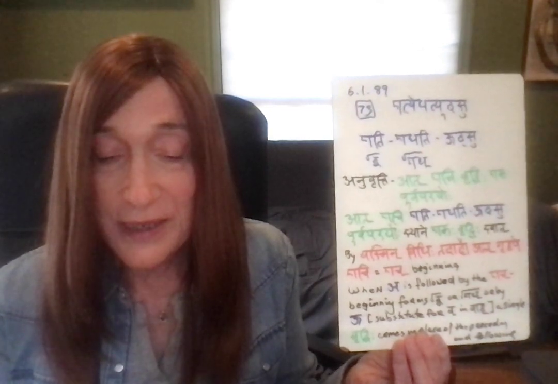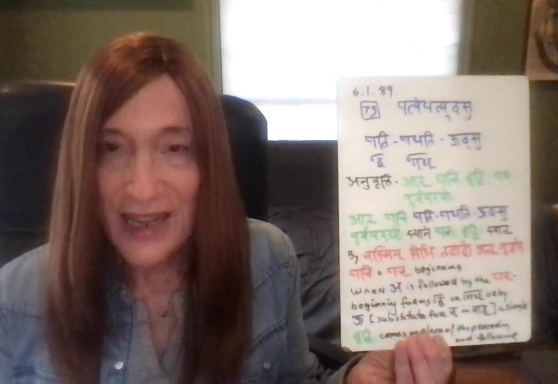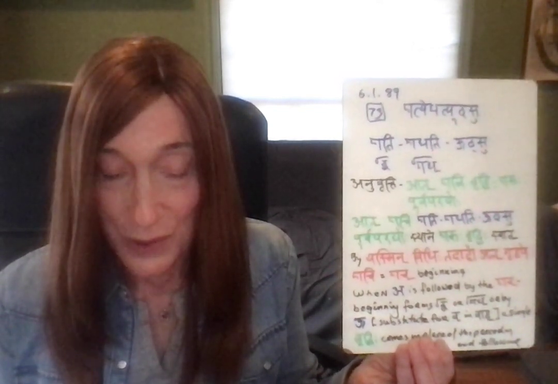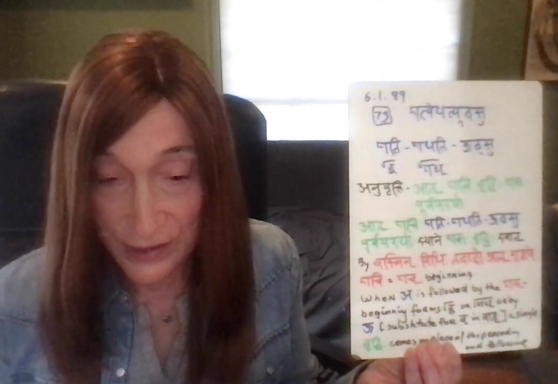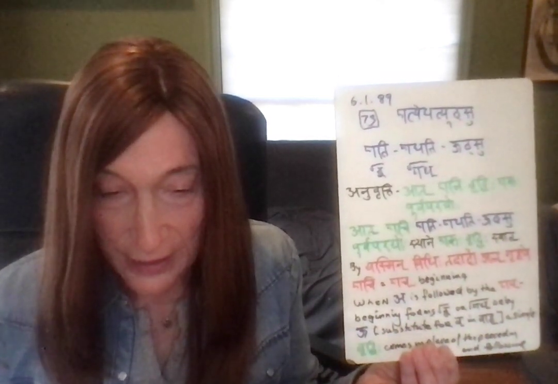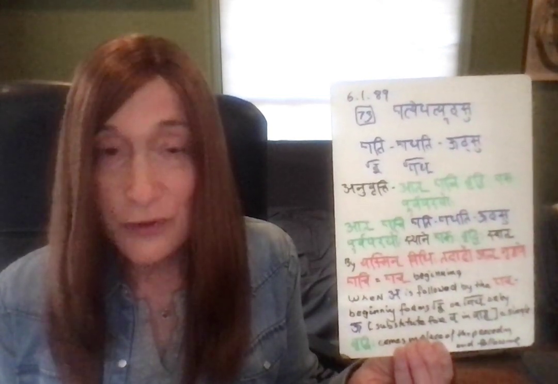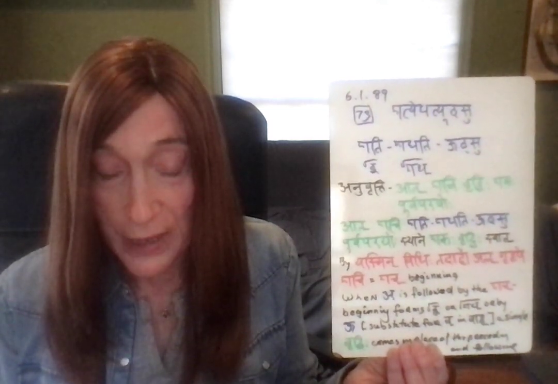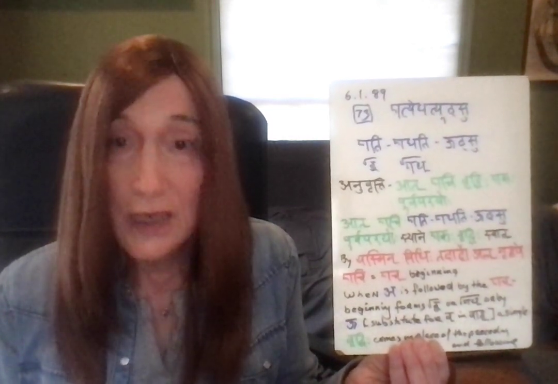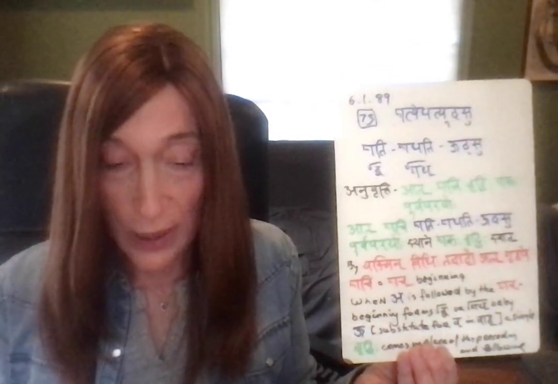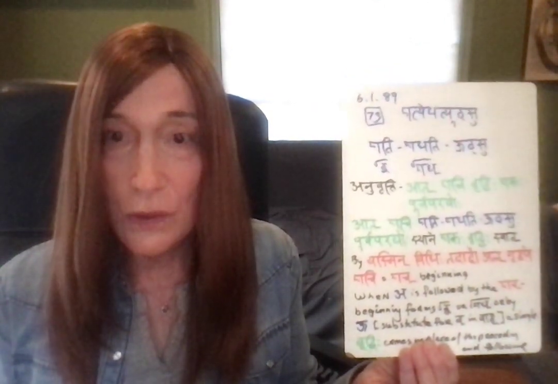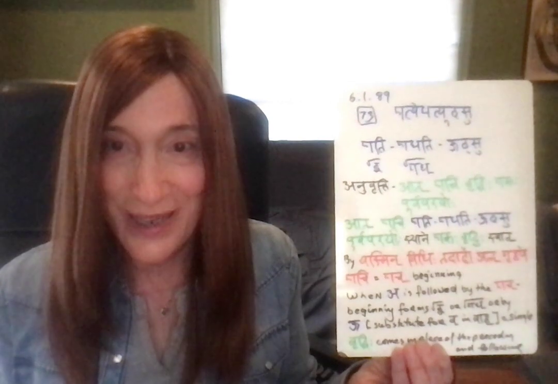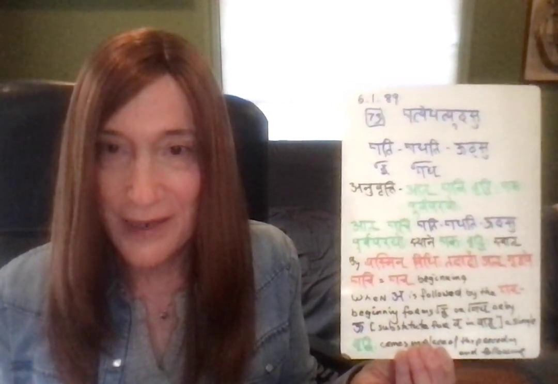Etyedhaty-uthsu. Anuvrtti: at echi, vrddhir ekah purva-parayoh. The full sutra gives the sense that when a is followed by the eh-beginning forms of the root e or edh, or by ut, a single vrddhi comes in place of the preceding and following, and as we always keep in mind, antadivacha.